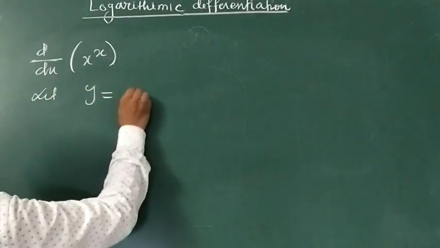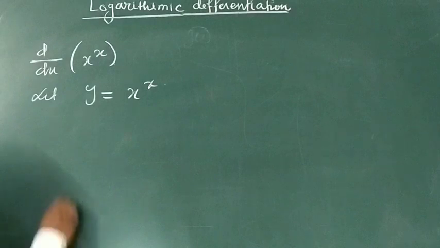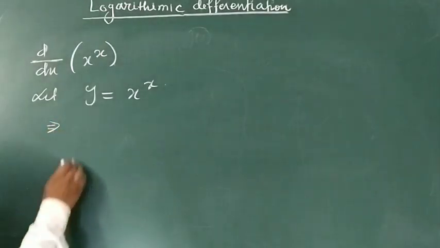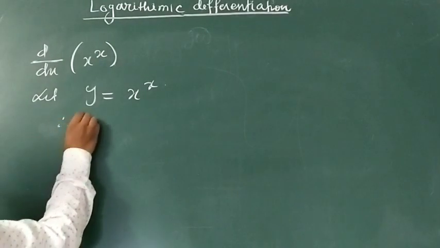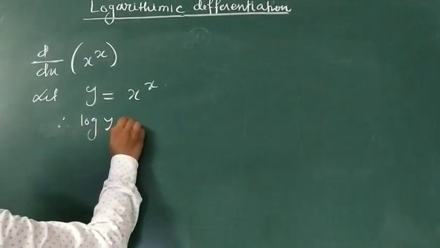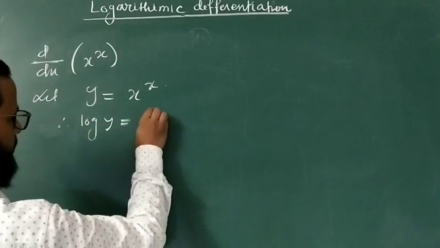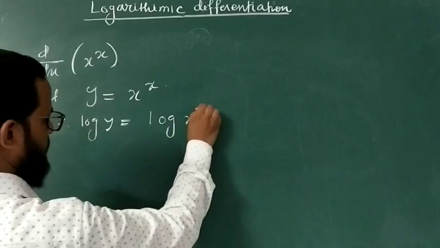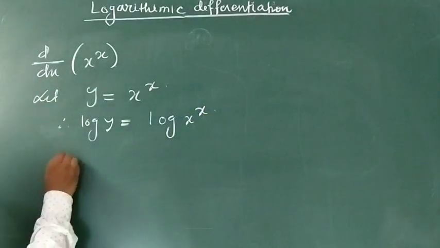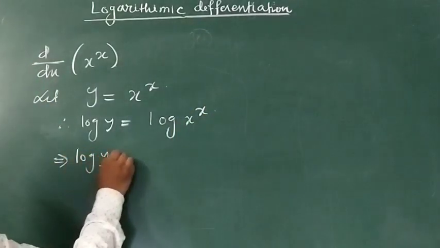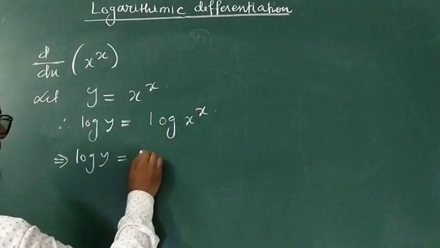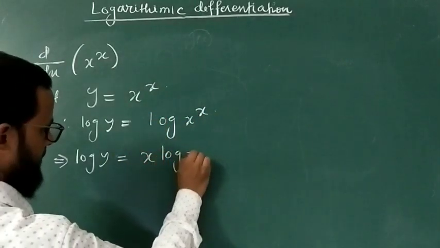Let y equal to x to the power x. The first step, step number 1, you take log on both sides, then you will get log y is equal to x log x, as the x comes here and multiplies.